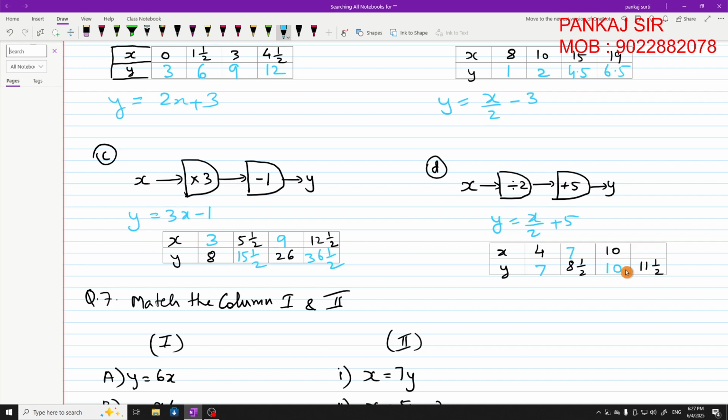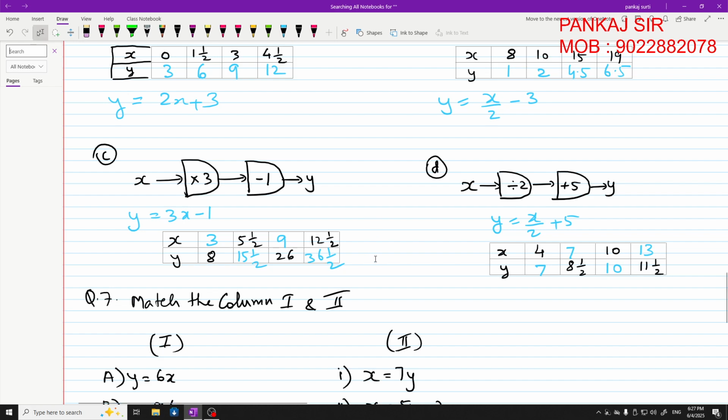I did plus 5 earlier. 11.5 minus 5 will be 6.5. And 6.5 into 2 will be 13. Am I right? Okay. So this is my complete table, right?